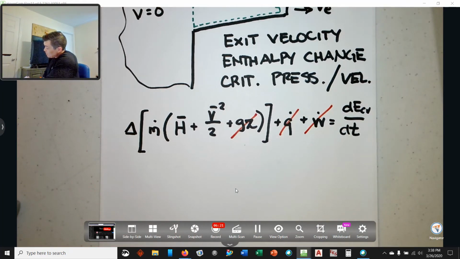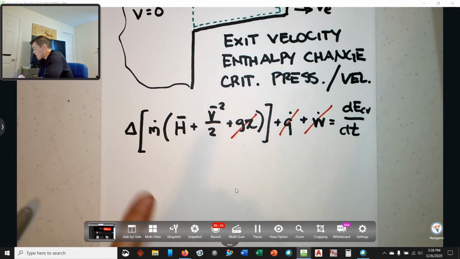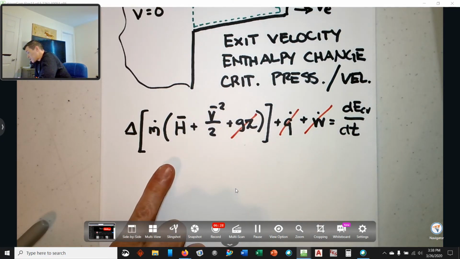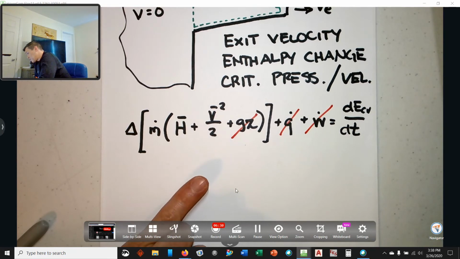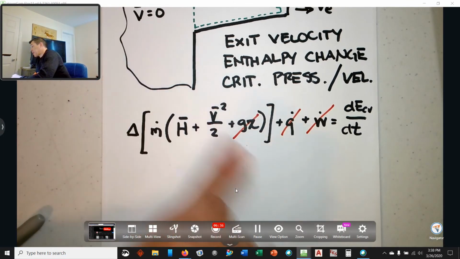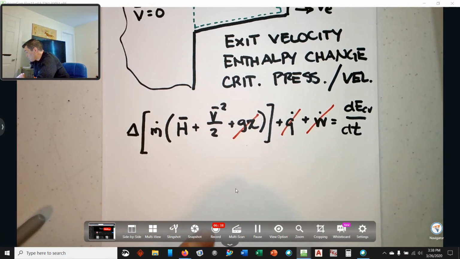So it looks like right away we can reduce this down to a change in enthalpy of the system associated with a velocity change in the system, right? We know that maybe V1 we considered to be 0 and we had an acceleration to V2. And this is set up for a change in energy in this control volume over time.